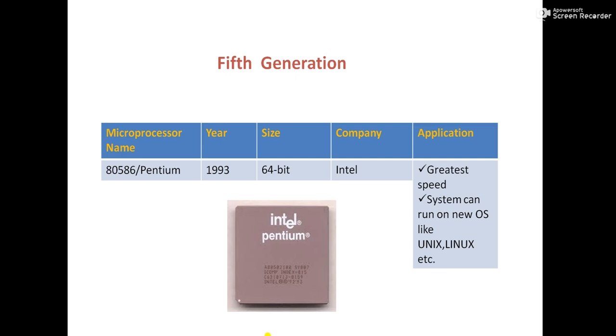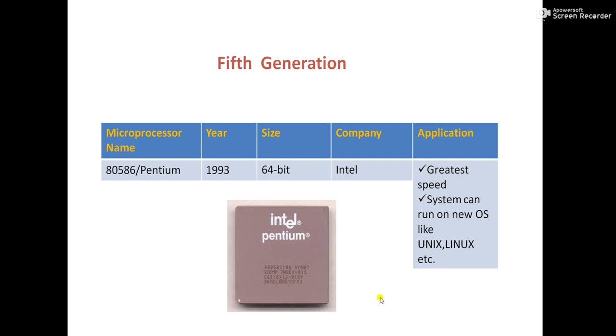We use microprocessors for our laptops, for our computers and for our mobile phones also. Now these are the 5 generations of microprocessors and all the microprocessors which were evolved in these 5 generations we have just now studied. This is a very important topic from exam point of view.